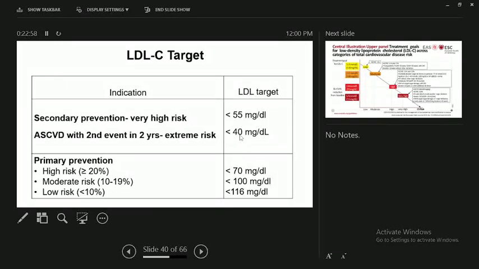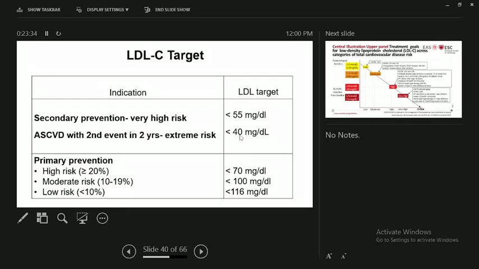A patient who had a myocardial infarction 2 years ago, or last year, and has now had another cardiovascular event, for example stroke, so two territories are involved, has extreme risk. They need LDL reduction to less than 40. Remember, if your patient has two arterial territories involved, consider reducing the LDL to less than 40.